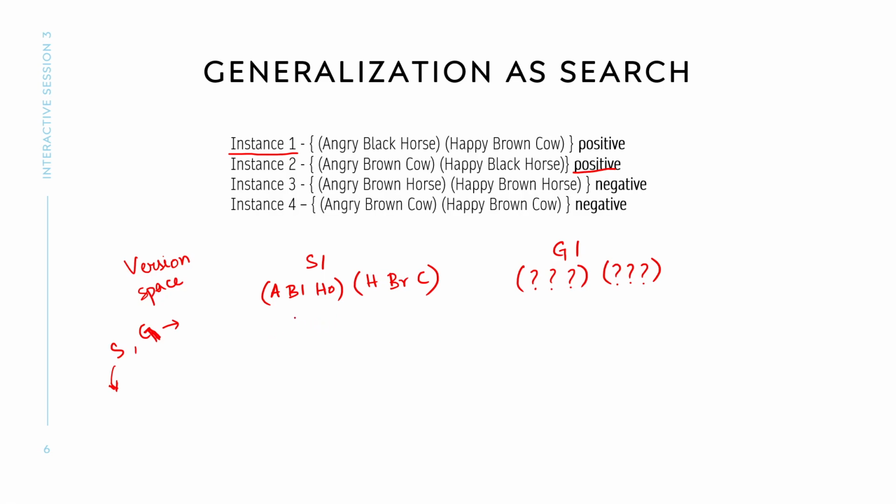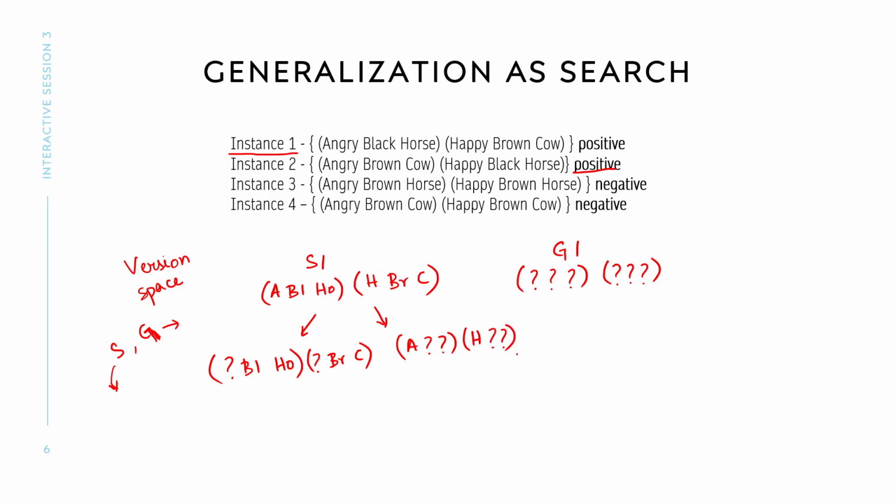And I can again create these two generalizations. One is wildcard black horse and wildcard brown cow, and the other is angry and two wildcards and happy and two wildcards.